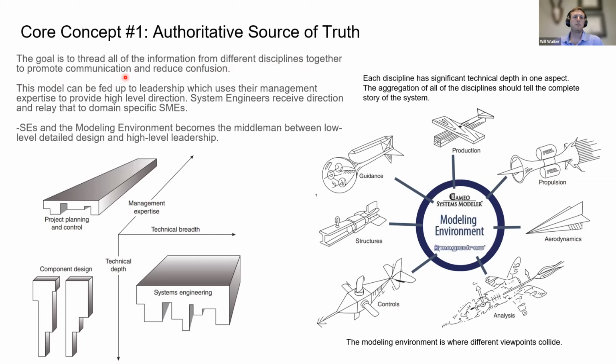And then the model can be fed up to leadership, which uses their management expertise to provide high-level direction. And so what we're talking about is this chart right here on the left, and how Cameo and model-based systems engineering connects to that.